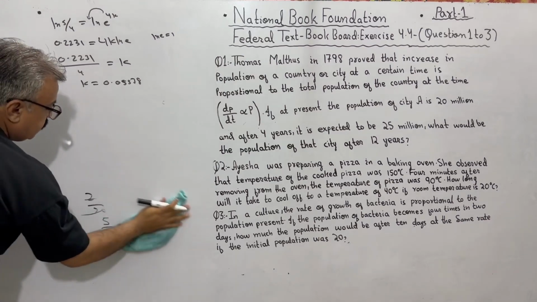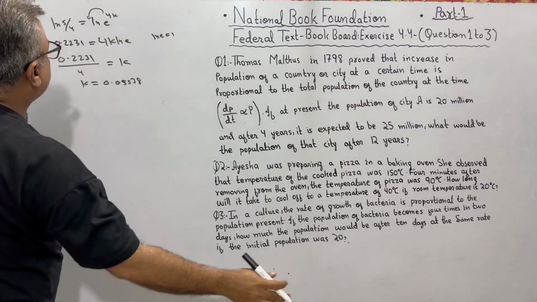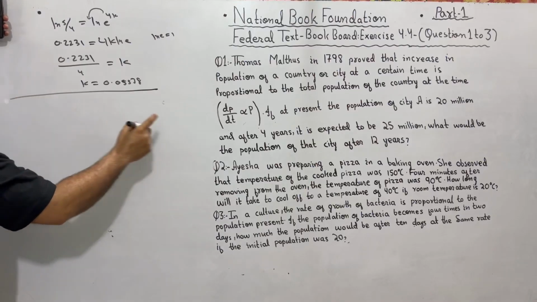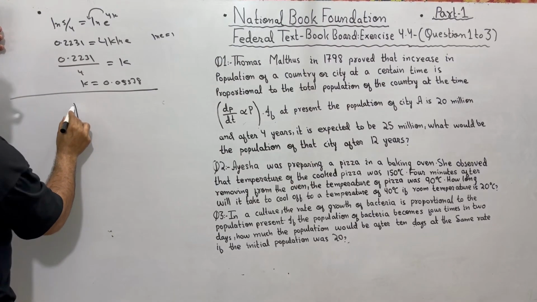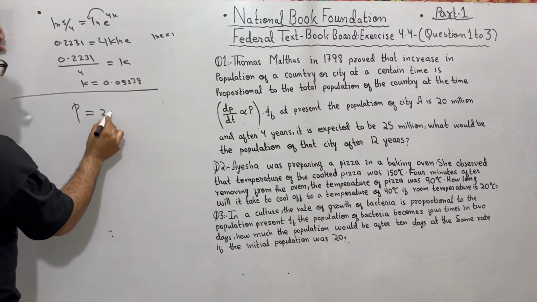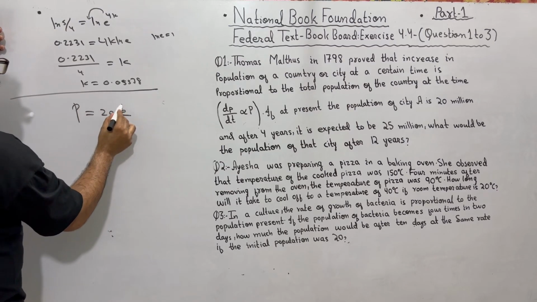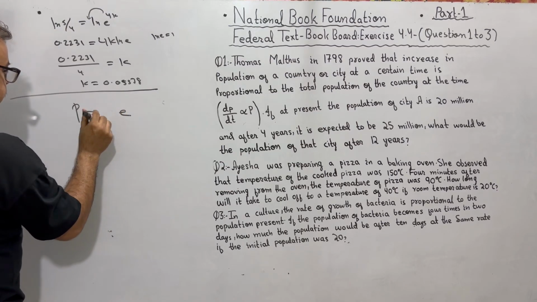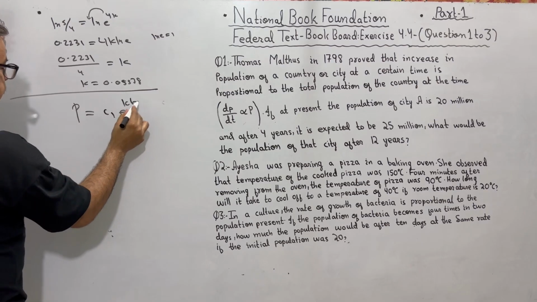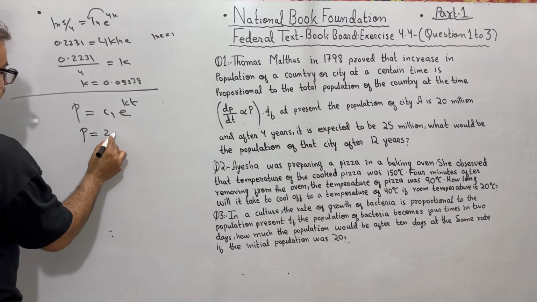Now we are in a position to take the final jump. We have both constants. What is the requirement of the question? Just find P is equal to C1 e raised to kt. We have already generated the value of C1, that's 20.